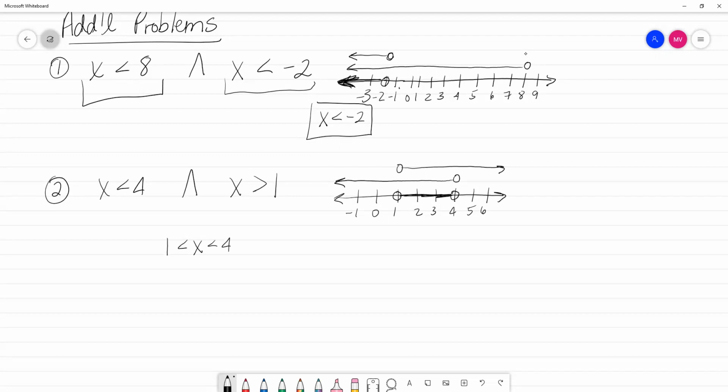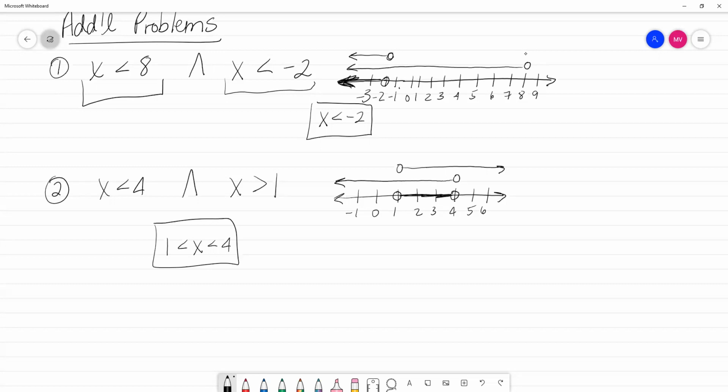And that would be a true statement. That's what I would do. You could also say that X is less than 4 and greater than 1, but I like it in ascending order. Smallest number on the left.